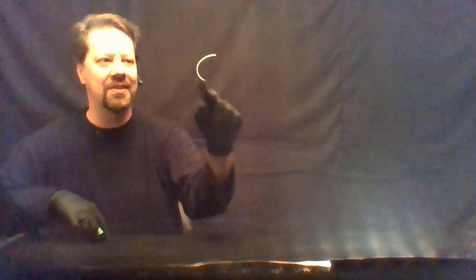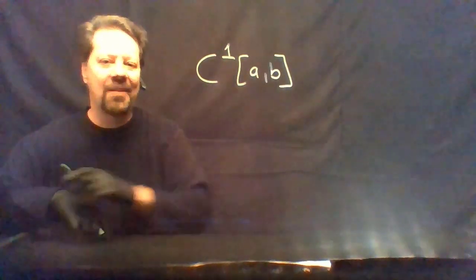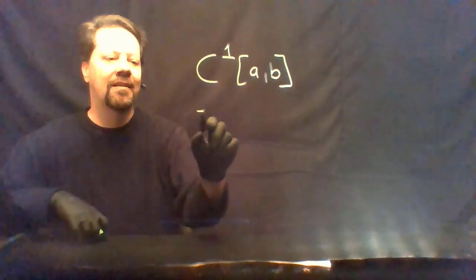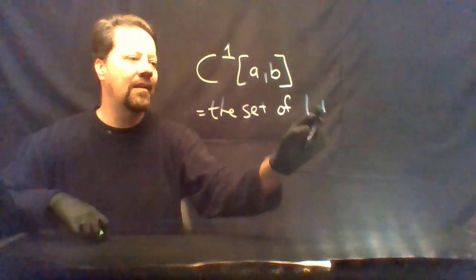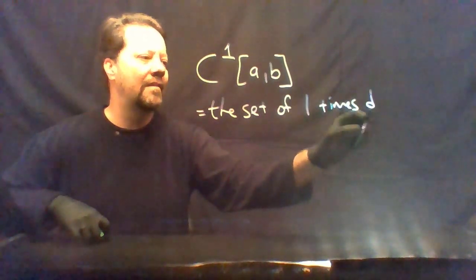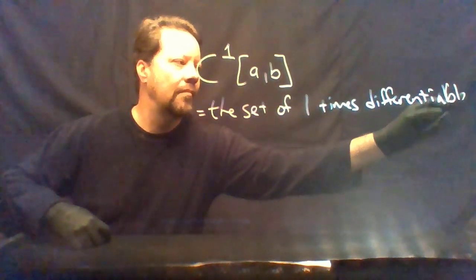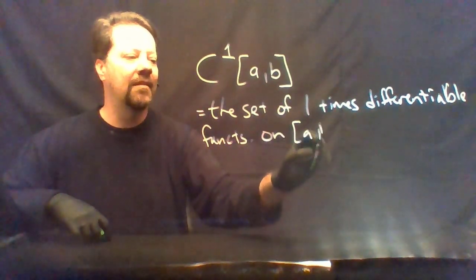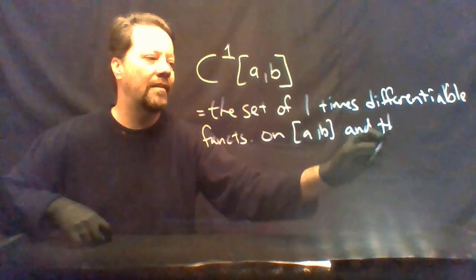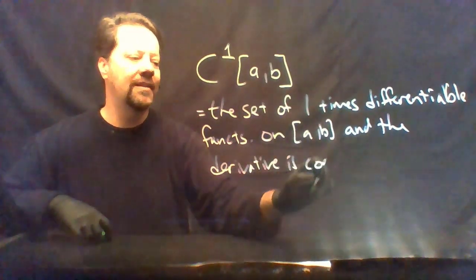We can define some other sets that are also unusual vector spaces. C^1[a,b] is the set of once differentiable functions defined on the interval [a,b], and the derivative is continuous.